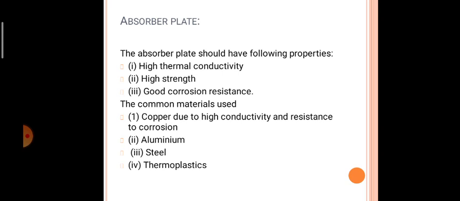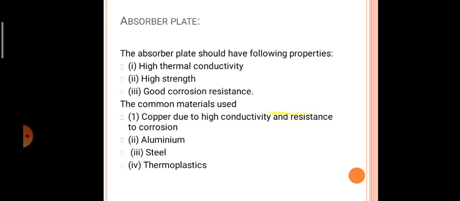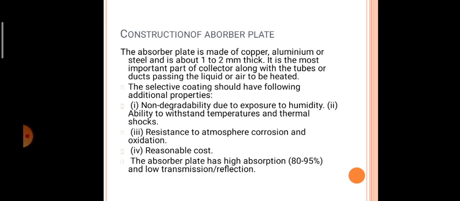The absorber plate has a thickness of about 1 to 2 millimeters. It is the most important part of the collector, along with tubes or ducts passing the liquid or air to be heated.